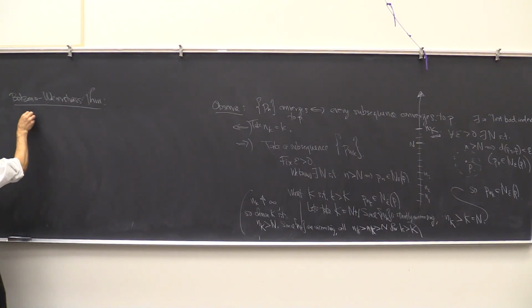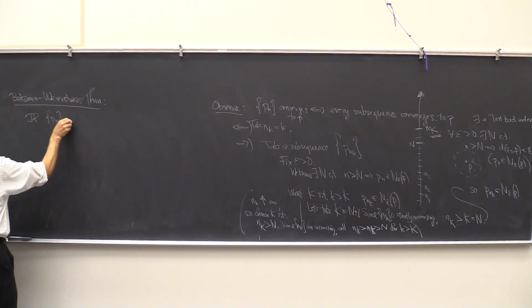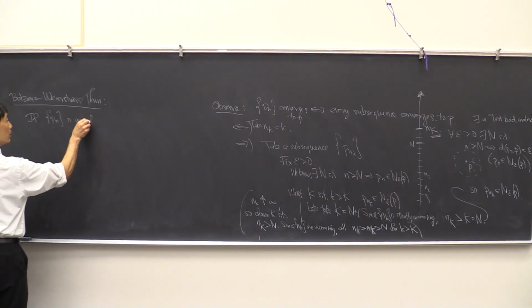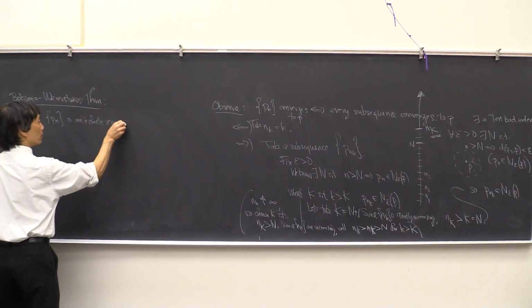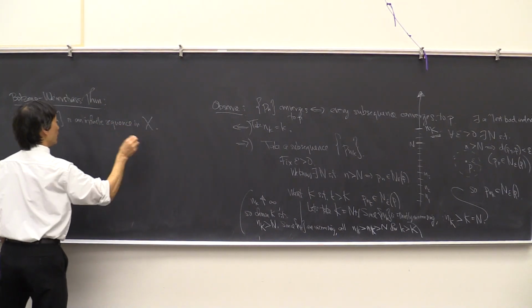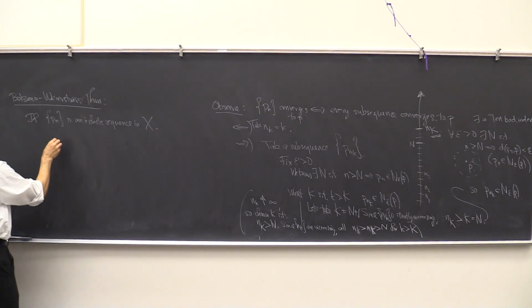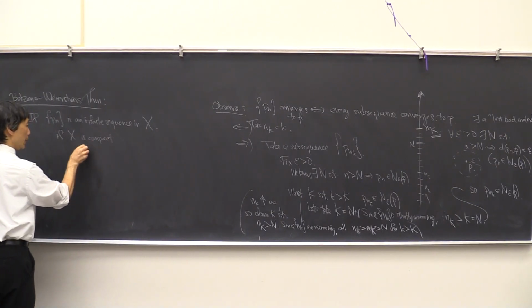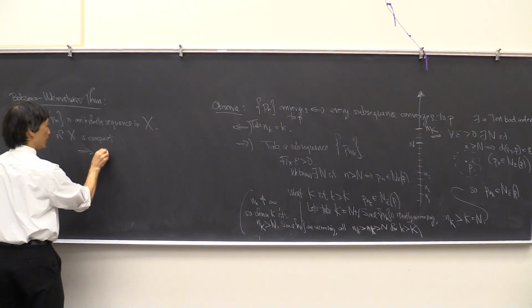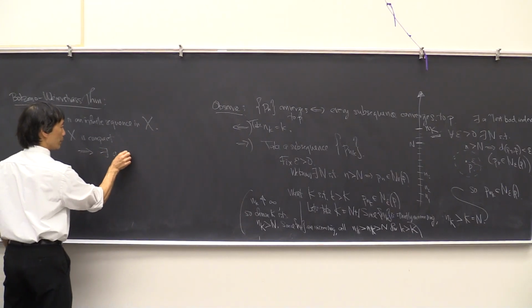Namely, if you have a sequence in some set X, and if that set is compact, then you're guaranteed a convergent subsequence.